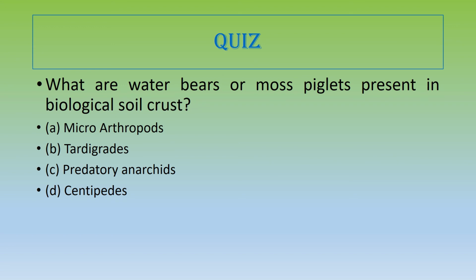But this cryptobiosis or anabiosis is found in many types of animals, especially insects, which survive in high aridity conditions. So the answer would be option B, tardigrade. Water bears or moss piglets are tardigrades that are found in the biological soil crust.